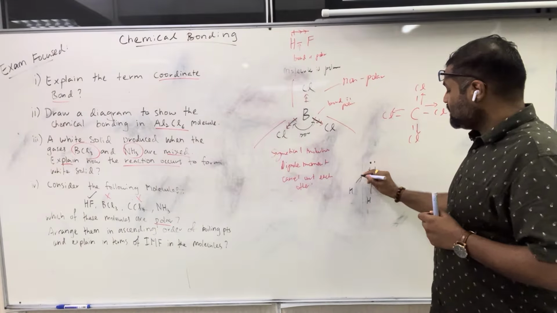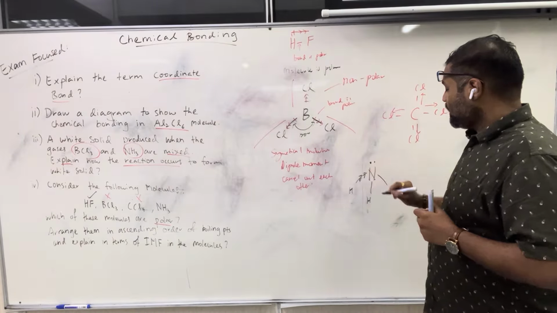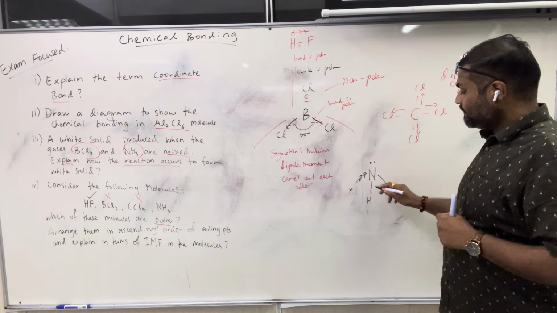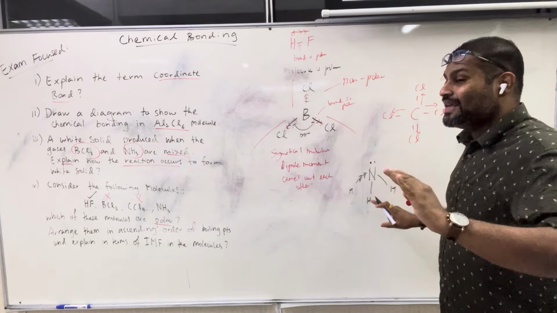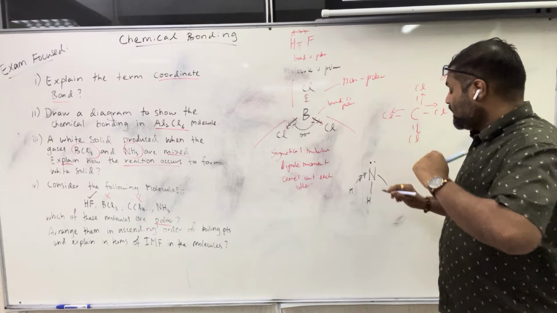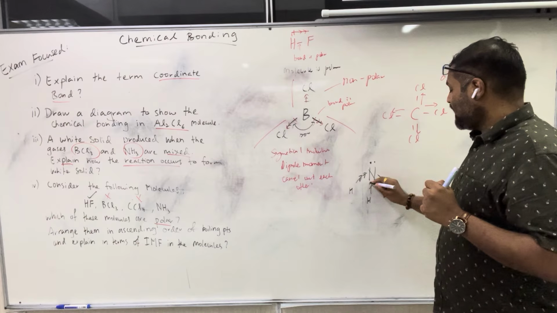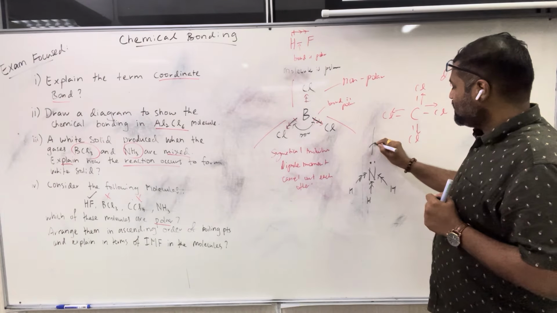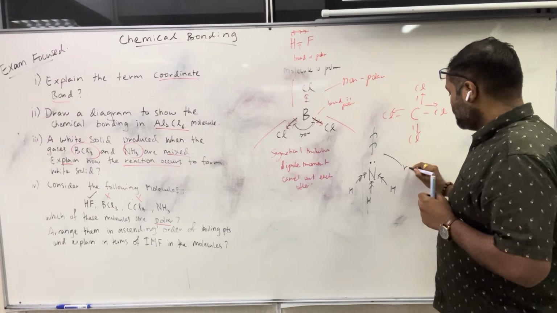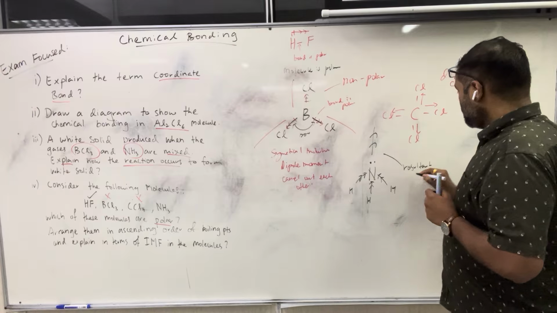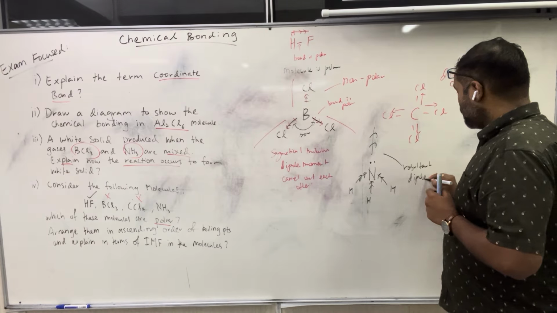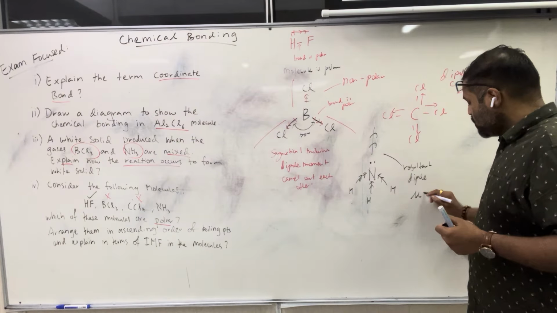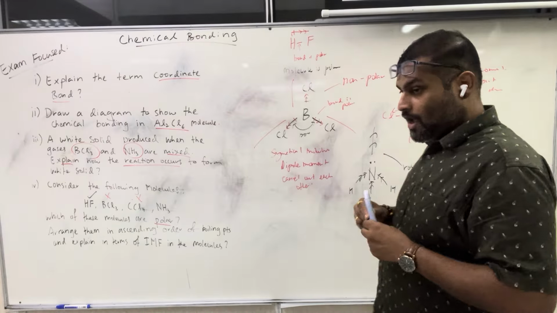Because nitrogen is the more electronegative atom. It pulls the electron more strongly from hydrogen, and the resultant dipole, or in other words the mu, is not equal to 0.